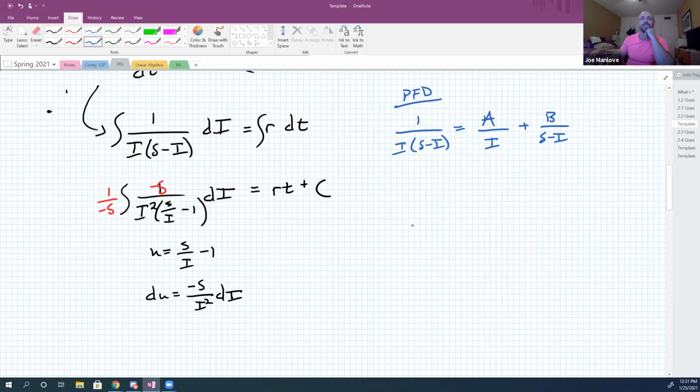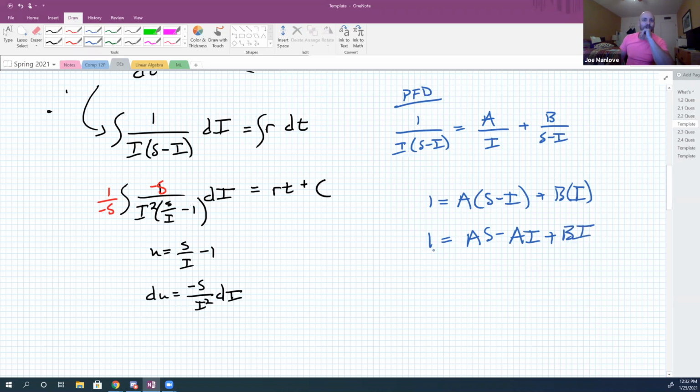So then out of this stuff, I'm going to get 1 is A times (S minus I) plus B times I. And then we could figure out what we need. Well, it seems like I'm supposed to get 1 is AS minus AI plus BI.